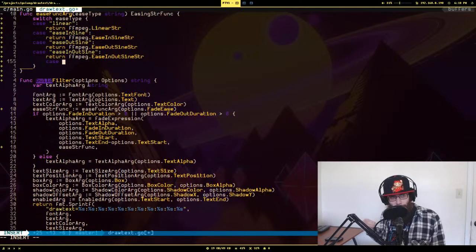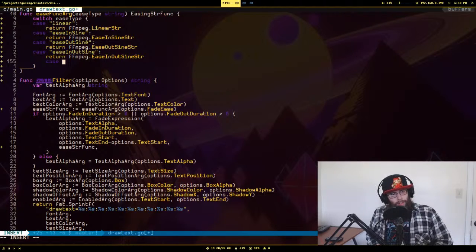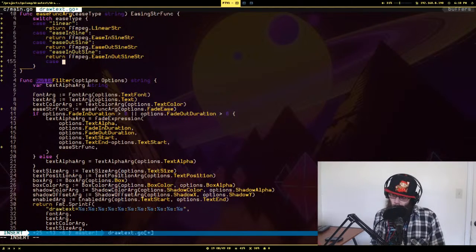Maybe it'd be easier if I put this in the actual package. Maybe I should put this as a function in that package called func from string.